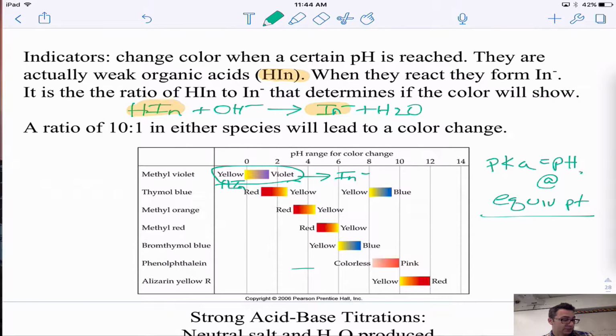Now this may not mean much to you now because you're wondering what I'm talking about with the equivalence point, but we're going to come back to this and we'll pick out an indicator that would be good to use. We'll go back to this chart and see. The most common one that people use is phenolphthalein because it has a pretty large range where it changes and it covers most of the titrations that we do. It's also a really startling change, which is nice to see.